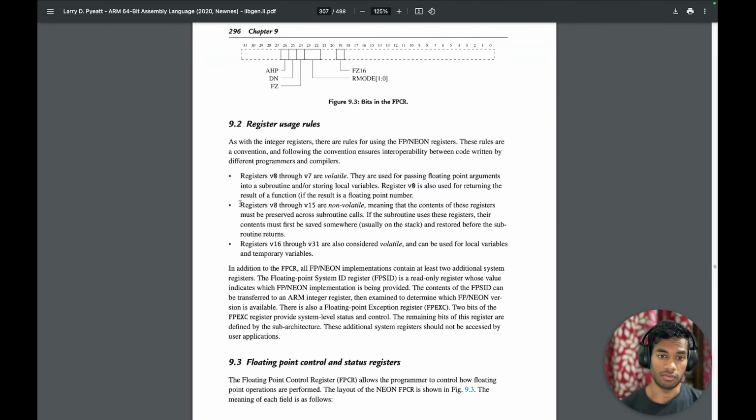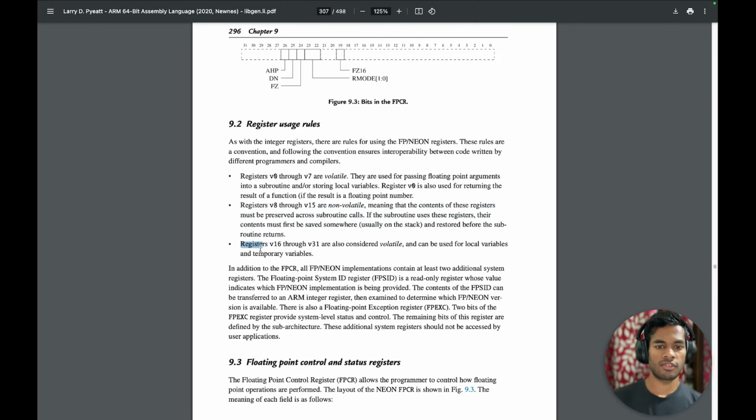That also makes sense, the same as a general purpose register. Registers V8 through V15 are non-volatile, meaning the contents of these registers must be preserved across subroutine calls. If the subroutine uses these registers, their content must first be saved somewhere, usually on the stack, and restored before the subroutine returns.